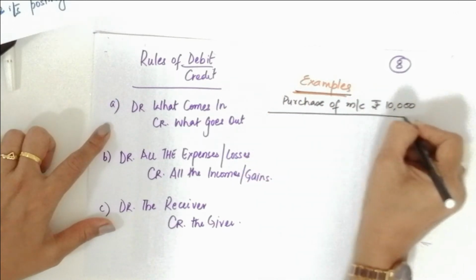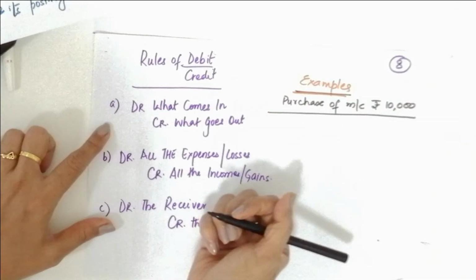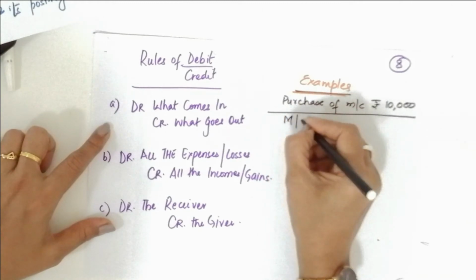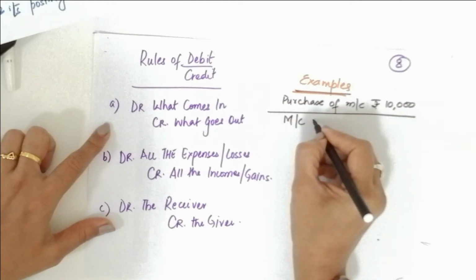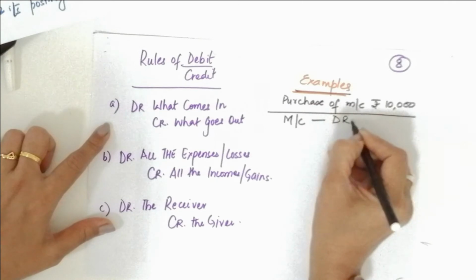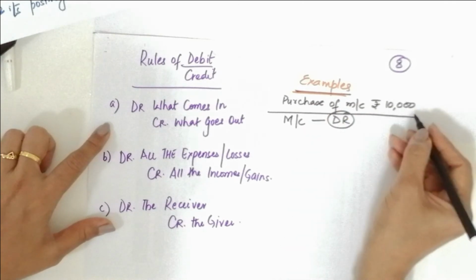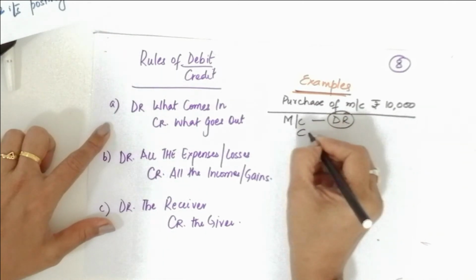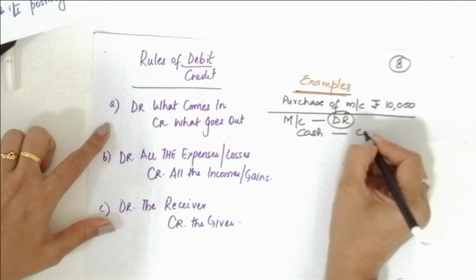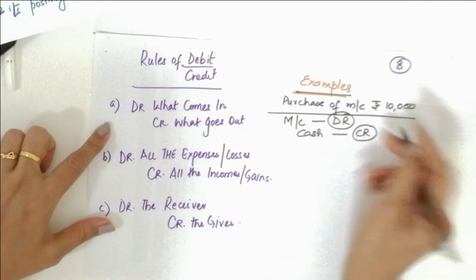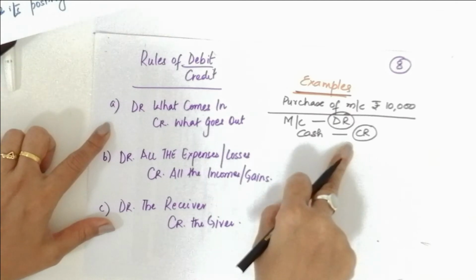Now, if the company is going to buy this, what's coming in? The machine comes in, so I'm going to debit it. And what's going out? Because I'm paying by way of cash, I will say cash credit. Did we get it? Debit what comes in, credit what goes out.